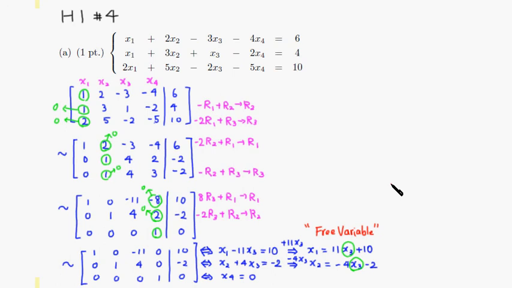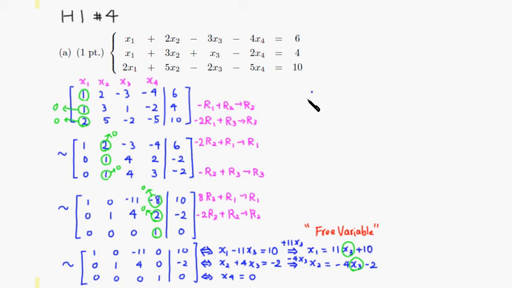But once you choose the value for x3, x1 has to be a certain form, x2 has to be a certain form, x4 is always 0. So here's the solution. There are infinitely many solutions because you have infinitely many choices for x3.